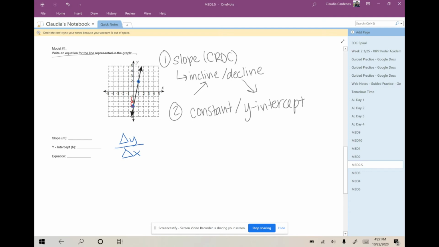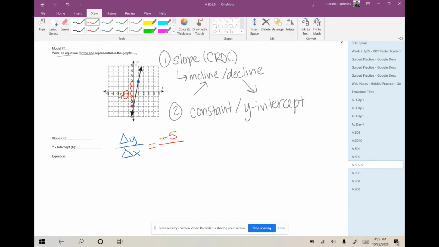So 1, 2, 3, 4, 5. Notice how I'm going straight up 5 jumps. So the change in y is a positive 5, right? I'm not going diagonally because I can't count diagonally how many spaces this is, but I can count exactly how many spaces up it takes to get to the next point.